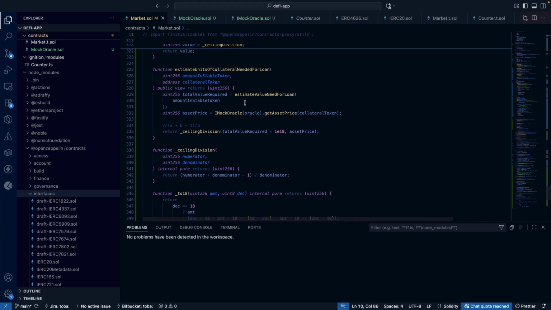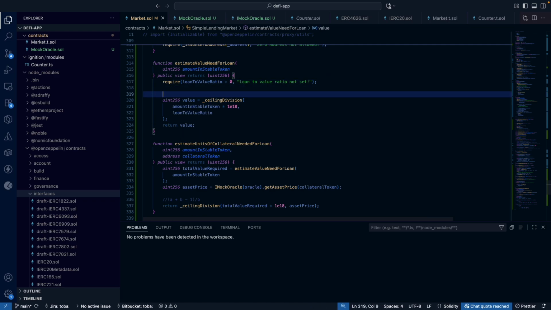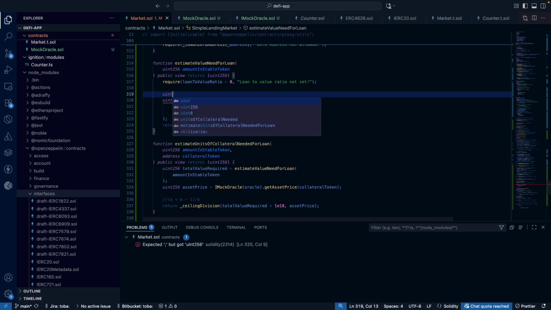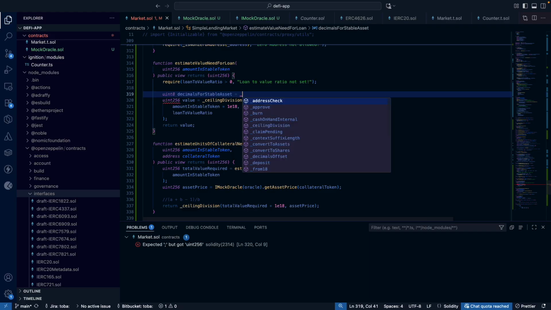So now what are the things that we need to do here? The first thing is we need to normalize the borrow. Okay, so here let us get the decimals for the stable assets. uint8 decimals for stable asset is equal to, here we'll call, hold on a second.